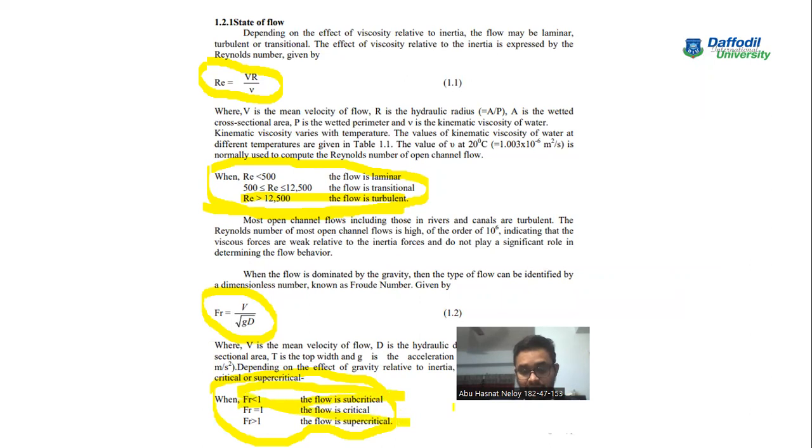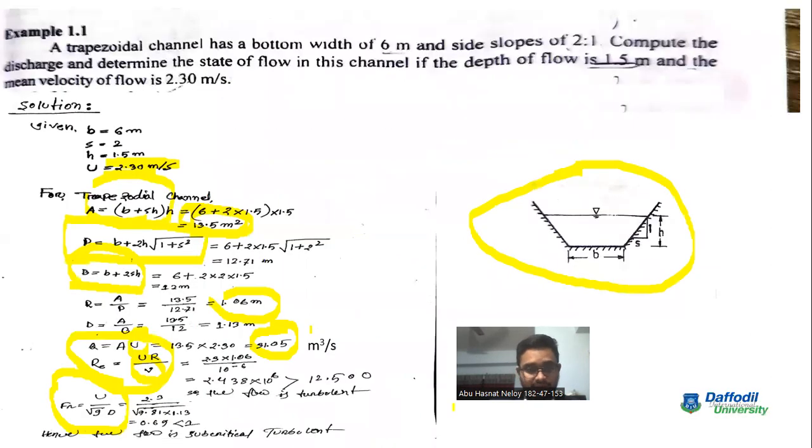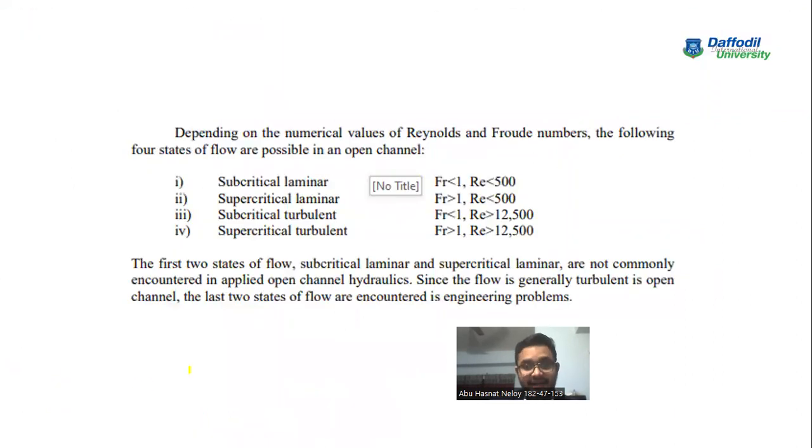So now finally we can say that our flow type is subcritical turbulent. Why subcritical turbulent? Now we are in this slide. Here we see that in our mathematical problem we meet this condition.